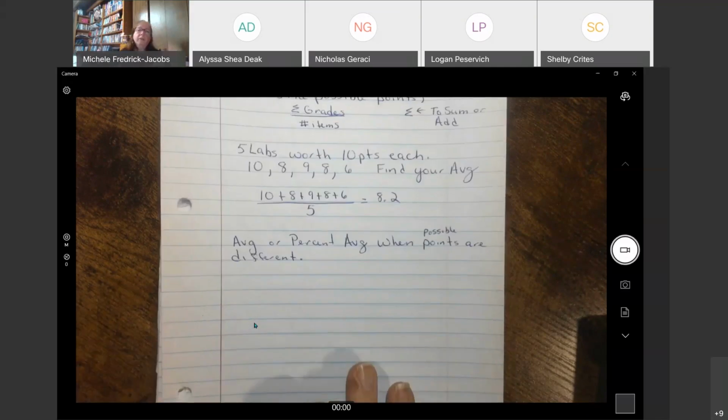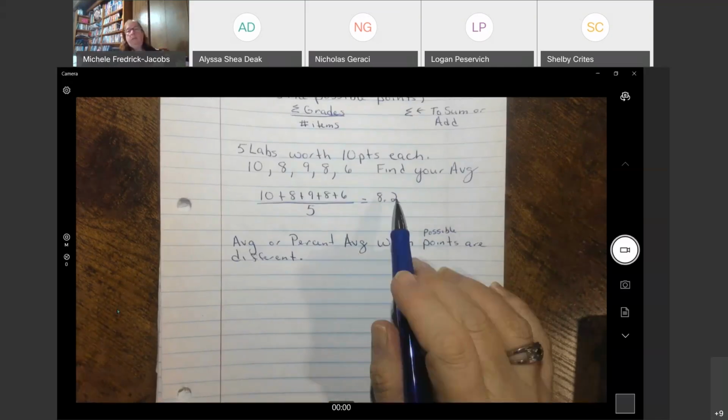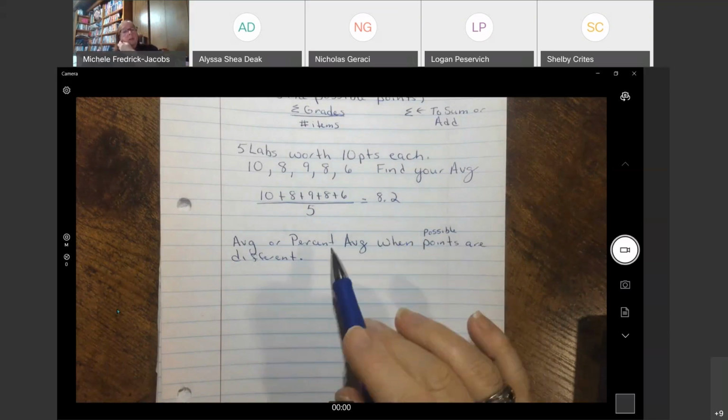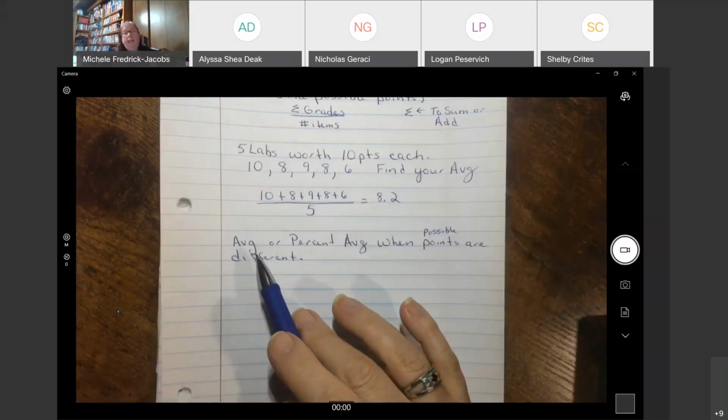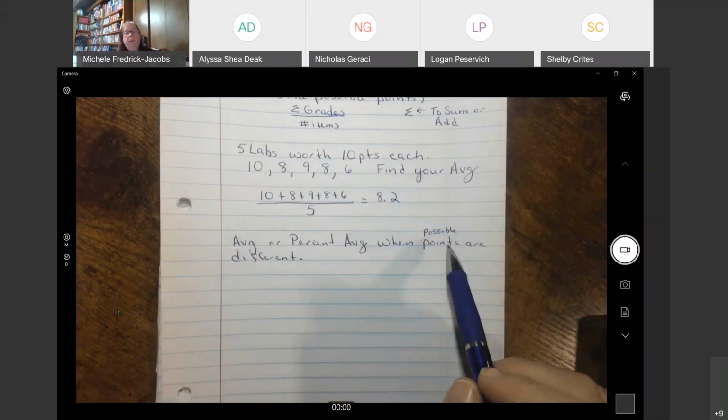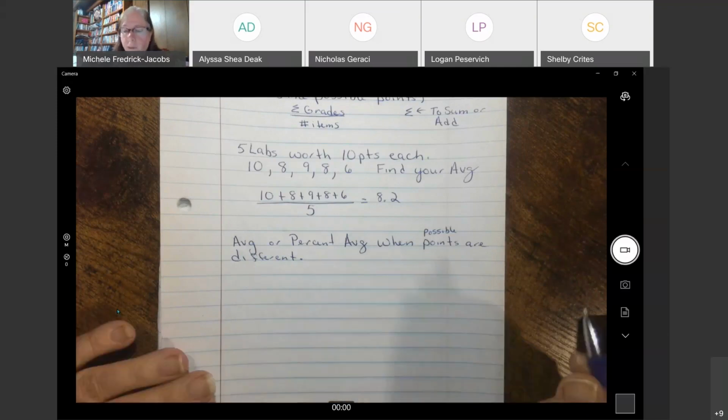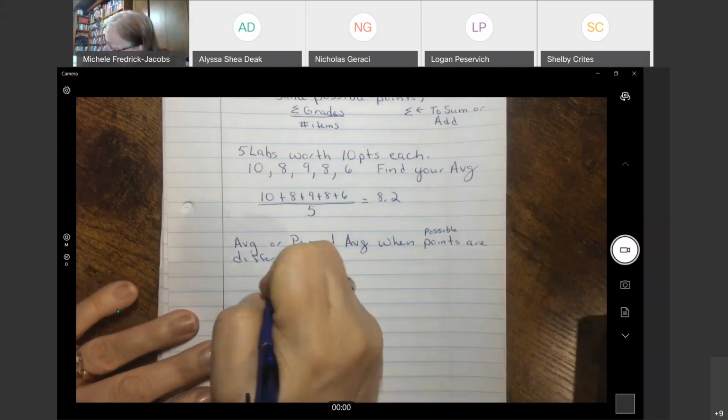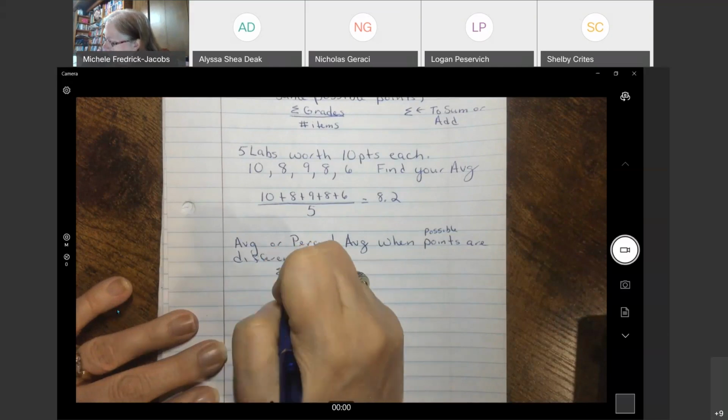Okay. So if you want to find the percent rather than what your average is, 8.2 here, or an average where your possible points are different, you add up your grades, or whatever the items are.